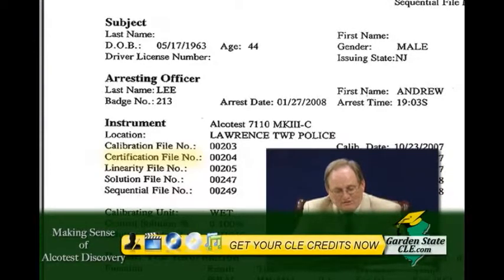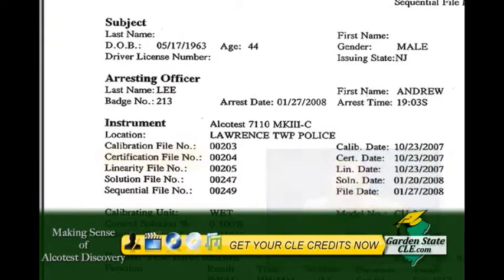This is a series of 3 simulator samples that are tested at the 0.10 level to see if they come in between 0.095 and 0.105. If they do, then they're deemed to be within acceptable tolerances and it's acceptable. That function in this particular instance was run on the sequential file number 00204. The third test is the linearity file number.